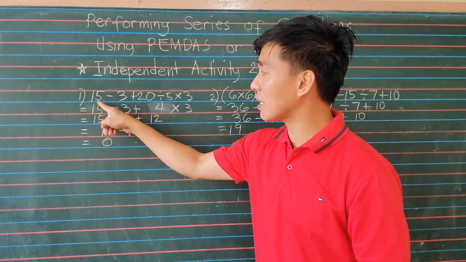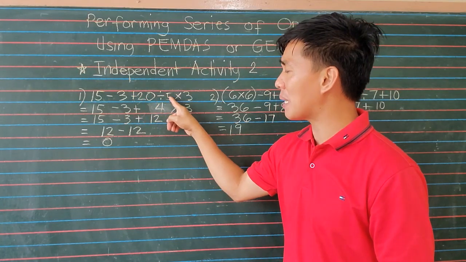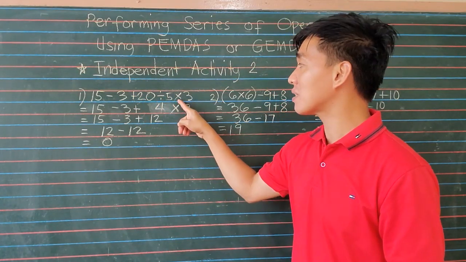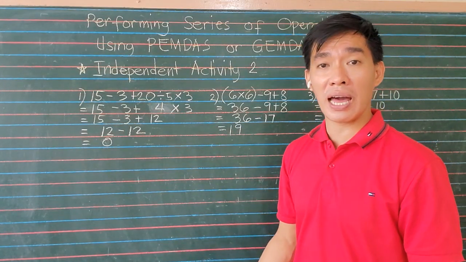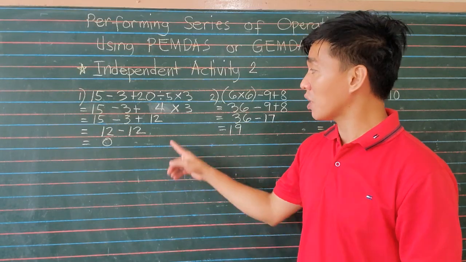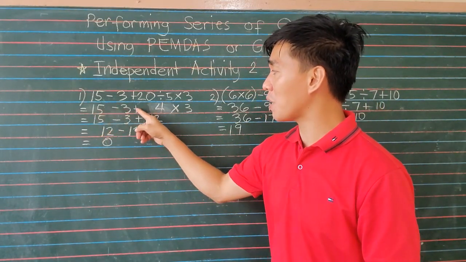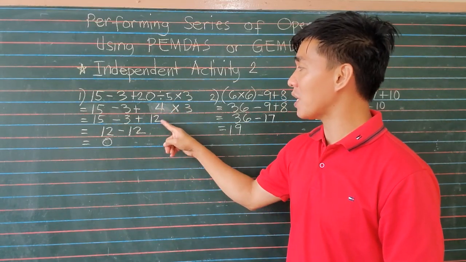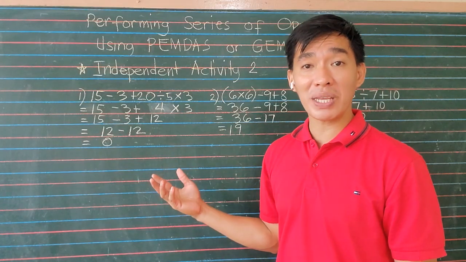So 15, copy minus 3 plus, then 20 divided by 5, that is equal to 4 times 3. The next thing that we have to do is check if we still have multiplication or division. Multiplication is still present there, so you just copy 15 minus 3 plus 4 times 3 is equal to 12. Therefore, we are done with multiplication and division.